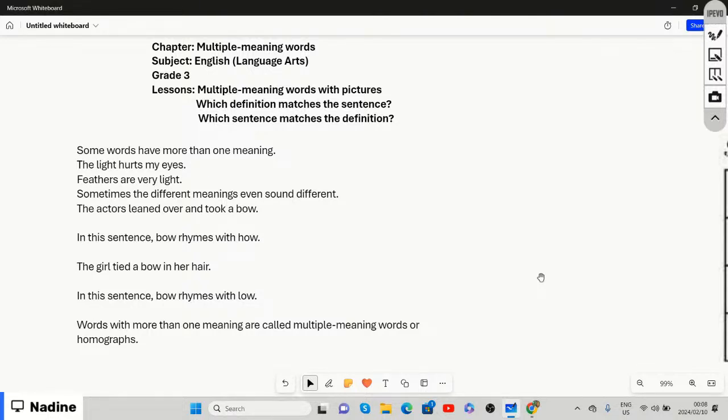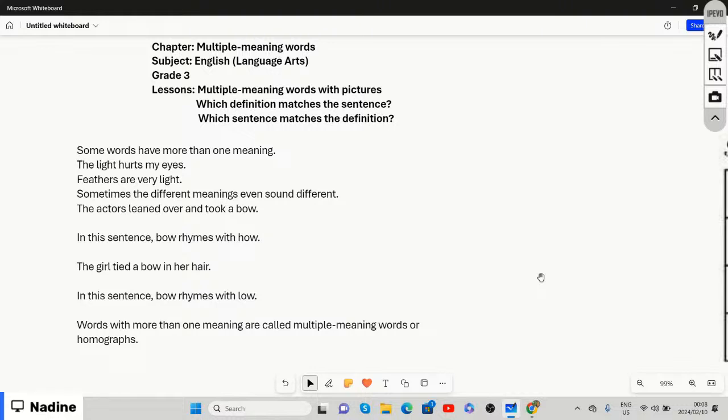Let's say, for example, park, right? The word park can either mean that you are parking your car, coming to a standstill, when you are going to the shops and you're parking your car somewhere, or park can be a play area, right?